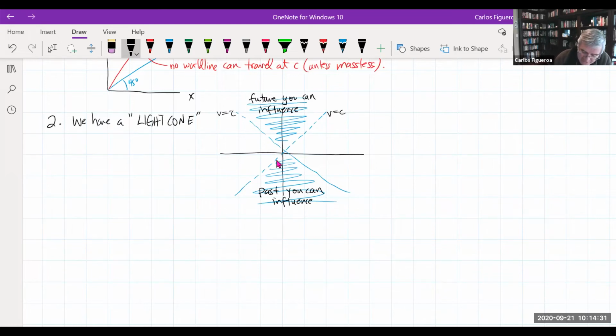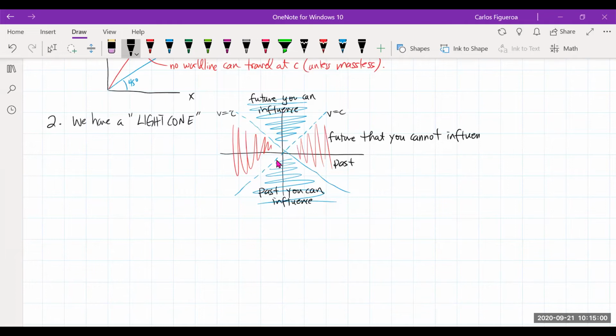But in these regions over here, this red region, this is the future, and this is the past that you cannot influence. What do you mean by influence?